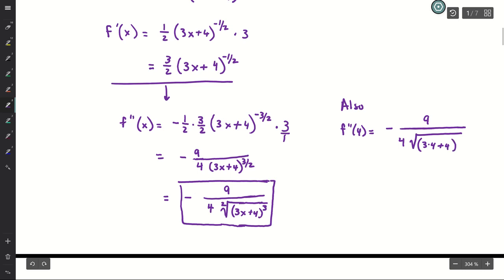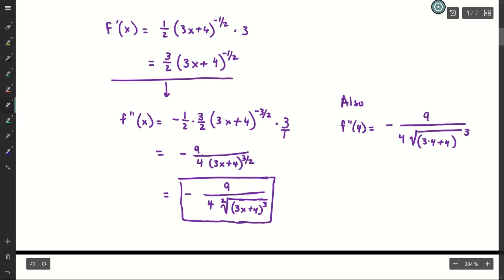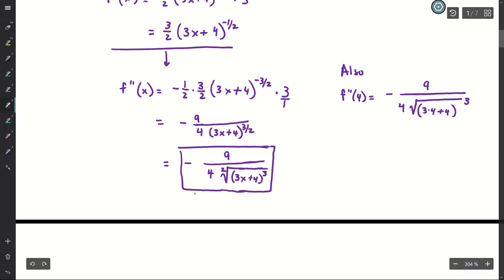And remember, we said we can either write the cube on the outside or the inside. I'm going to go ahead and write it on the outside. I suspect that's going to be where we want to use it. So in this simplification, we'll have -9 on the top, and then over 4. And then underneath that root, we have 3 times 4, which is 12, and then 12 plus 4 is 16.